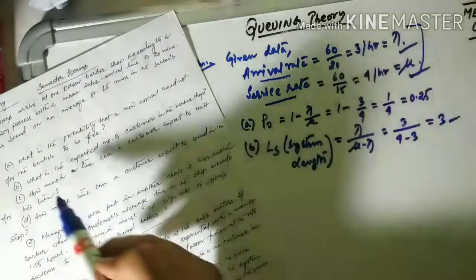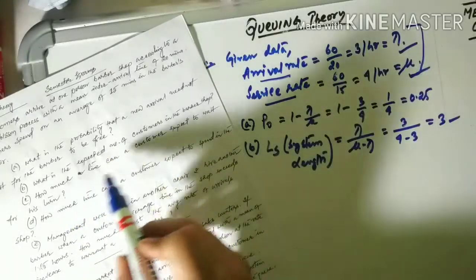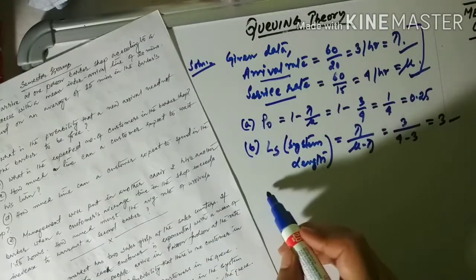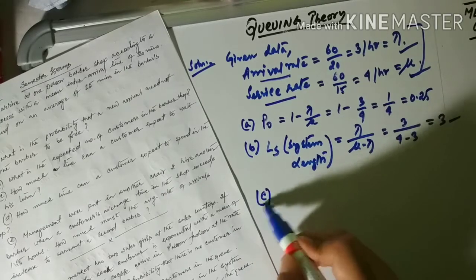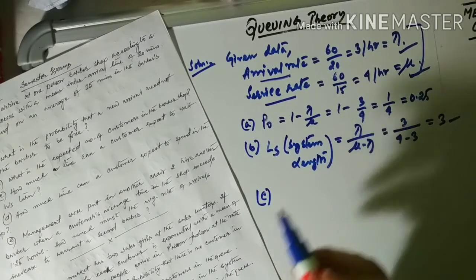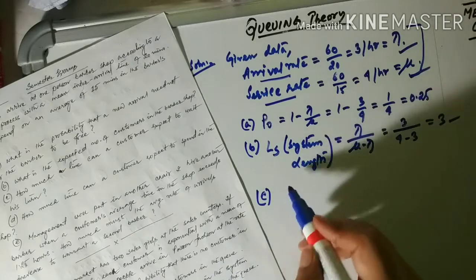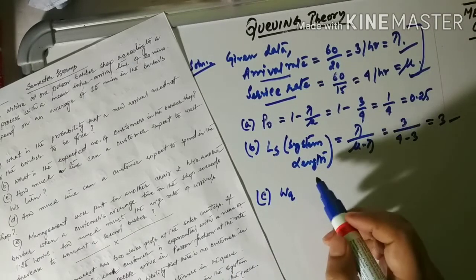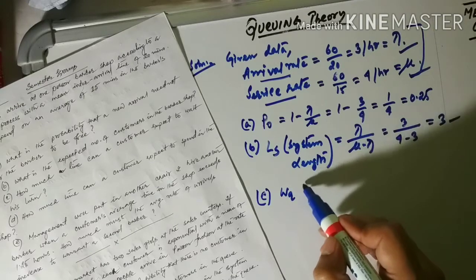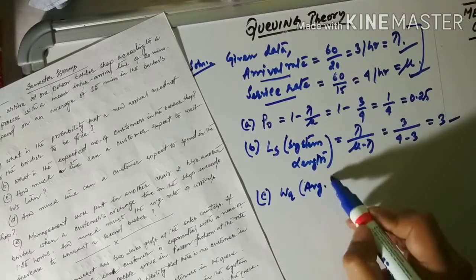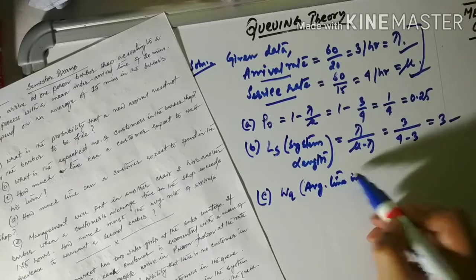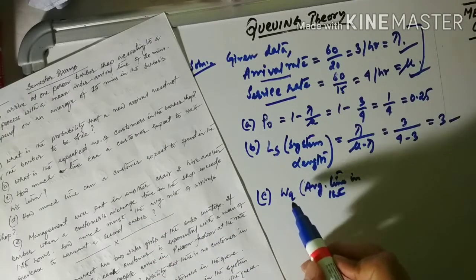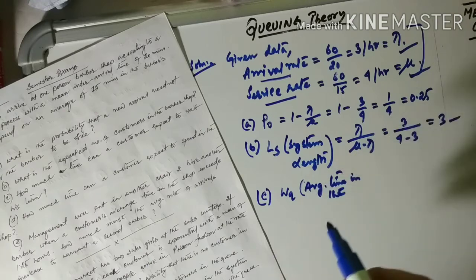Part C says, how much time can a customer expect to wait for his turn. That is the waiting time for his turn, which means the queue only. So Wq will be the answer, the average time in the queue. It doesn't say the total time, it says only how much time he has to wait in the queue.